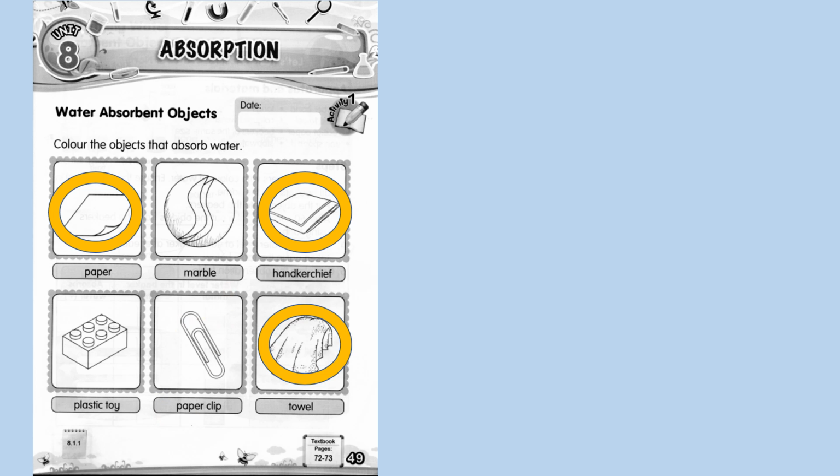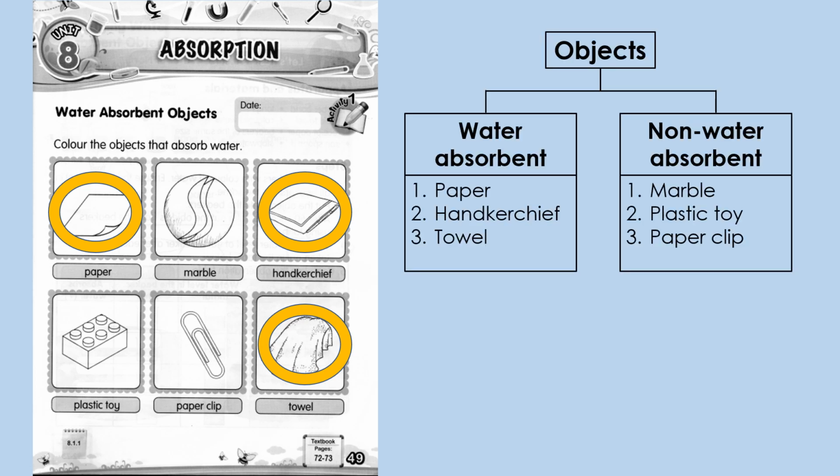Now, let us classify these objects. We can use a tree map to classify the water absorbent objects and non-water absorbent objects. This is a tree map. Objects, water absorbent, non-water absorbent.